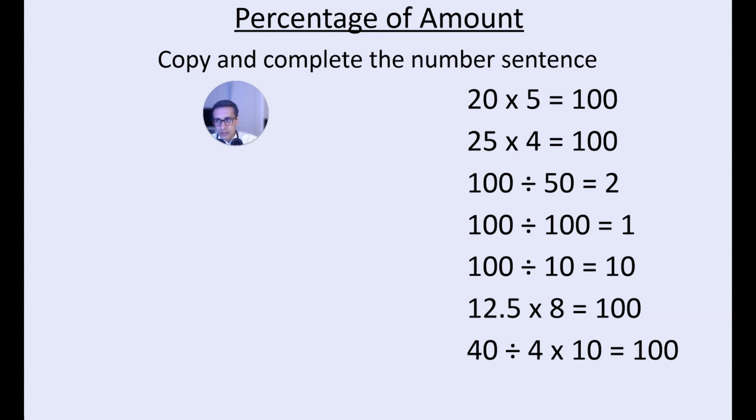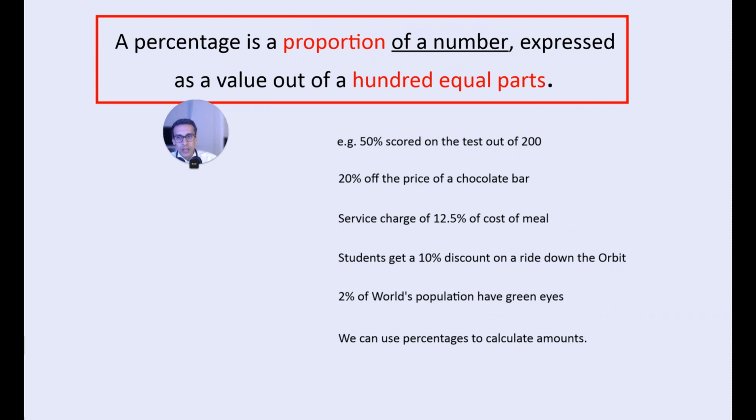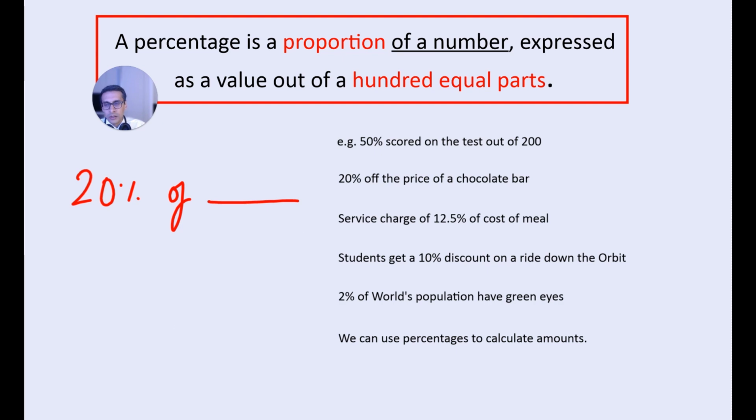What is a percentage? Well, a percentage is a proportion of a number. So it has to be of something. For example, you cannot have 20% by itself. It has to be 20% of, for example, 30, or 20% of 7 kilograms, 20% of 4 centimeters.